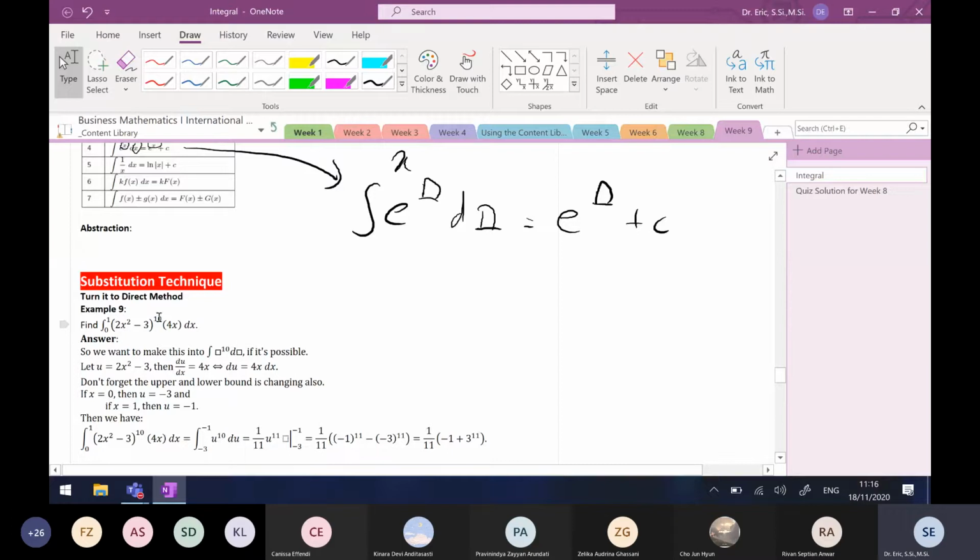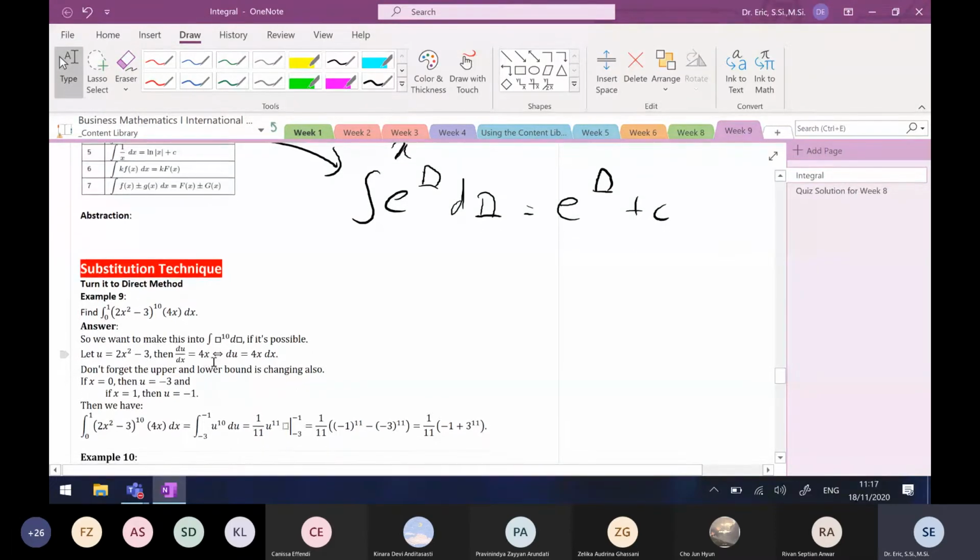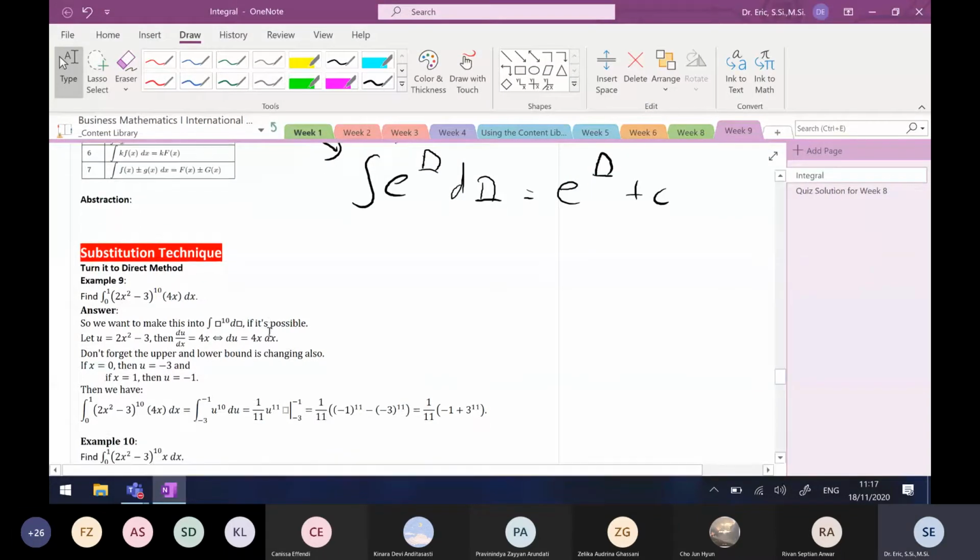Very good. So in this case, it is possible to change it into a square to the power of 10, d square, with the square being u, 2x squared minus 3. In the general case, sometimes it is possible, but sometimes it is not possible. Okay, yeah?